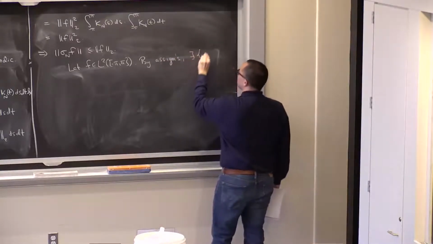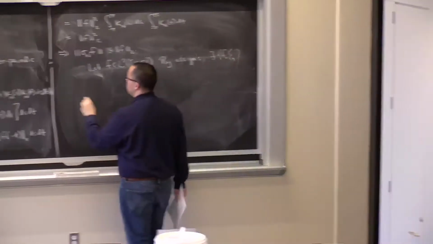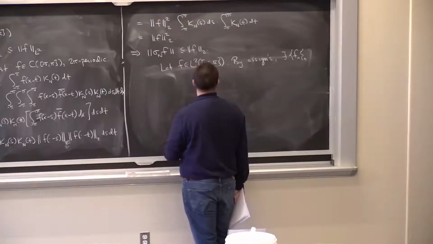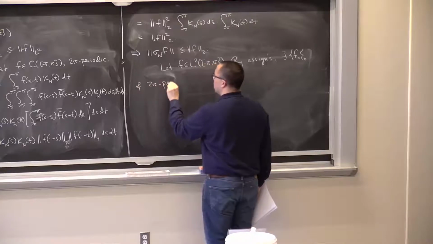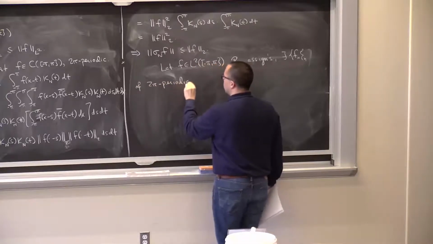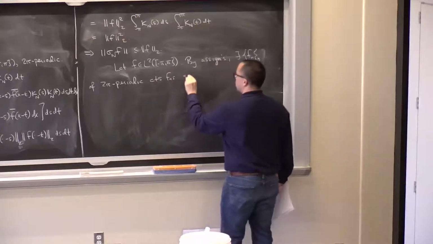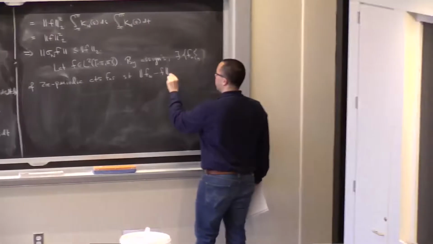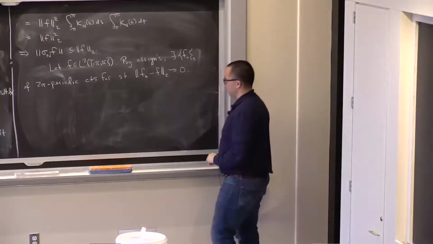You know that there exists a sequence of 2 pi periodic continuous functions, Fn, such that the Fn's converge to f in L2.